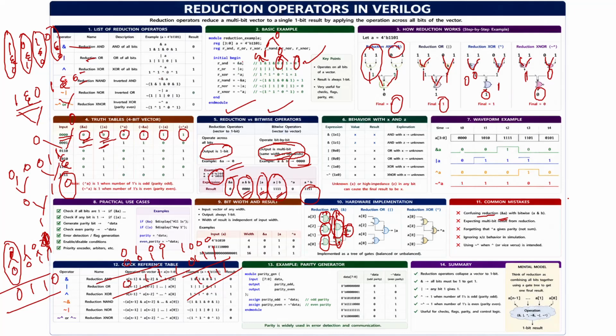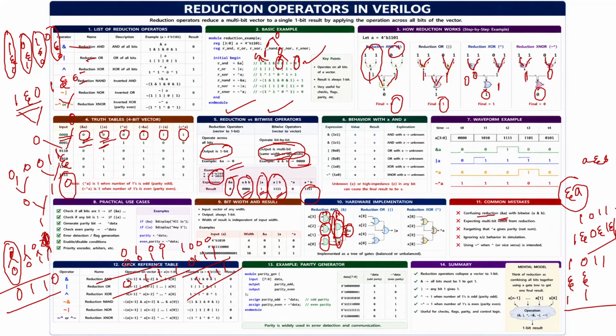For the reduction operator, A is 1 0 1 1, so you are doing the operation in between the bits 1, 0, 1 and 1. And for the bitwise operator, A and B means you are considering 1 0 1 1 and doing the AND operation bit by bit. That is the basic difference.